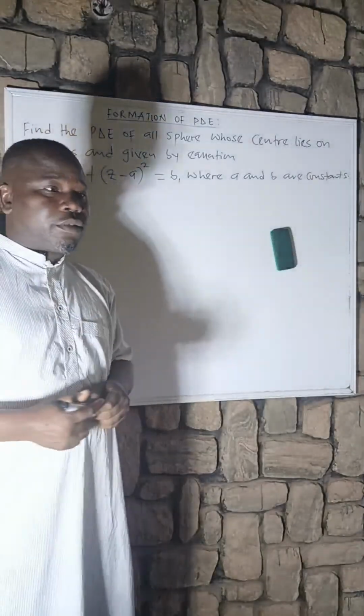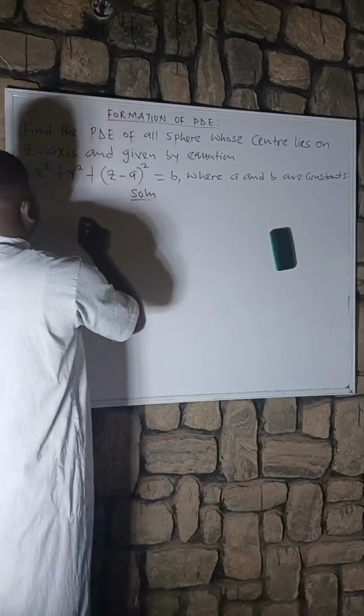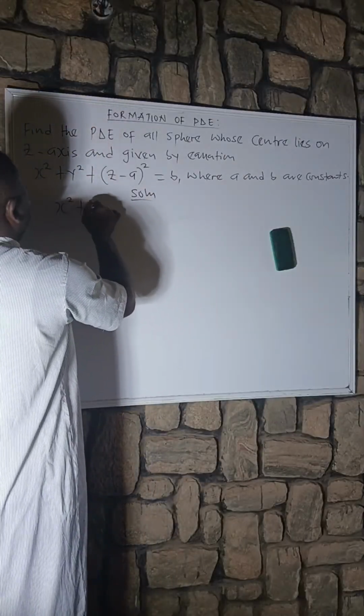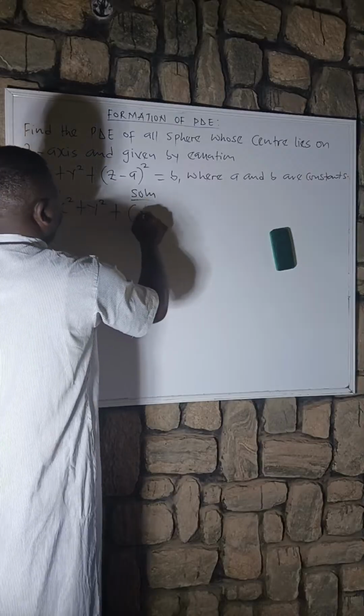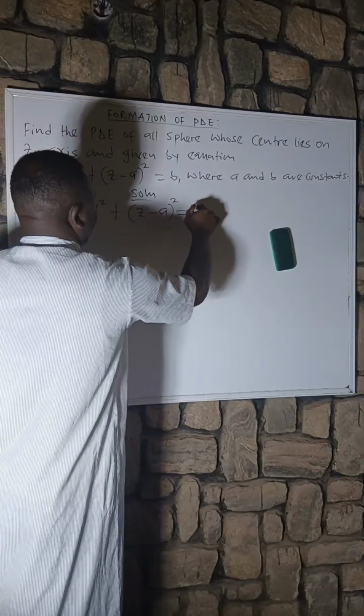It is not difficult. So let's write the solution. x squared plus y squared plus (z minus a) all squared equals b.